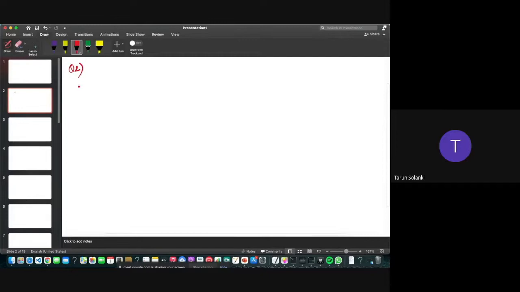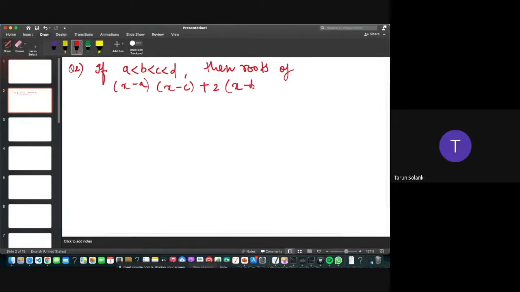Question number 2. Okay, so first let me write the question here. If A is less than B, is less than C, is less than D, this condition is given to us. Then the roots of (x minus A)(x minus C) plus 2(x minus B)(x minus D) is equal to 0 are.